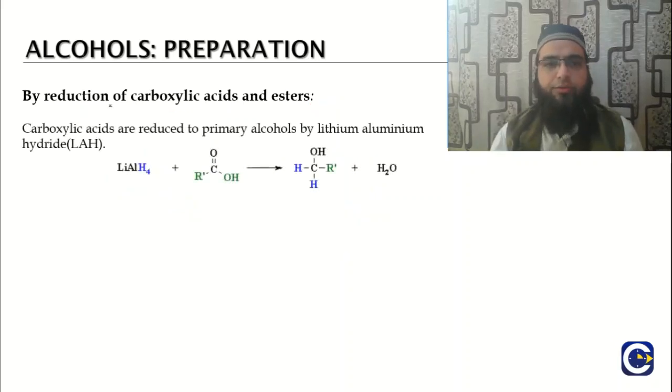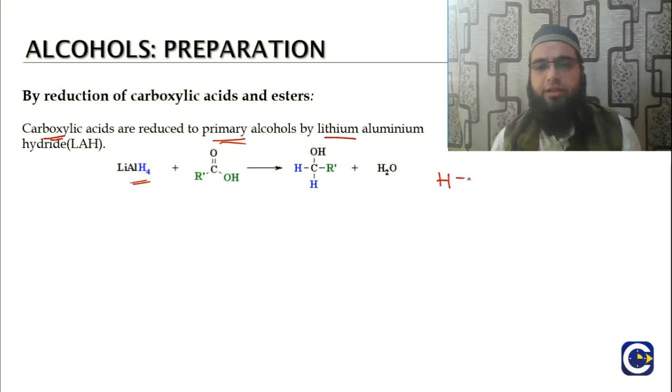If we reduce carboxylic acids, we get primary alcohols. Here we have the example, and the reduction is done by the strong reducing agent lithium aluminum hydride. LAH is a short form for lithium aluminum hydride. A strong reducing agent means that it very easily gives hydride ions.